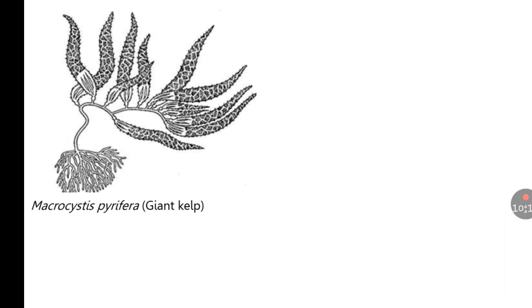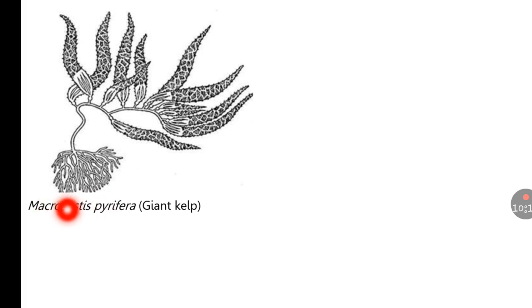Again, this is the example of another alga, that is Macrocystis pyrifera. It is called giant kelp. It is very big, that is why it is called giant kelp. The word kelp is used for brown algae that are very large. Macrocystis pyrifera.